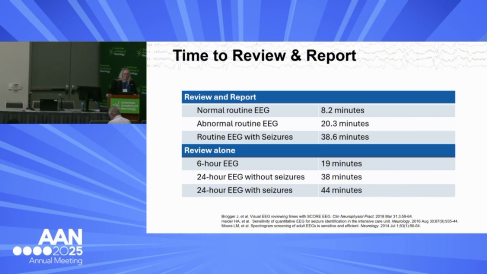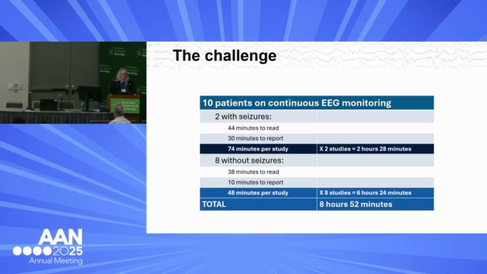And if it's abnormal but has seizures, you're looking at somewhere closer to 40 minutes. If you're reviewing longer stretches of EEG, the average amount of time that it takes somebody to review a 24-hour EEG without seizures and report the results, 38 minutes. But if you're reviewing it and it has seizures, you're looking at almost 45 minutes.